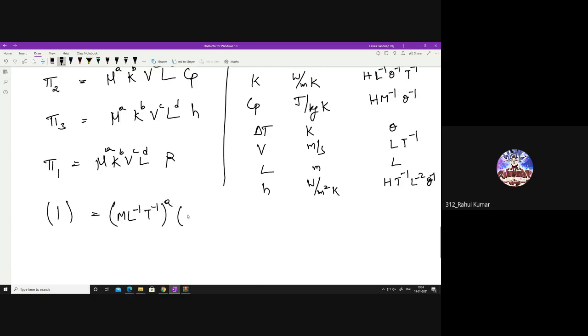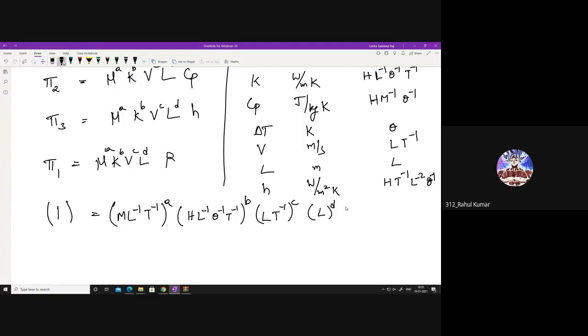It is H L power minus 1, theta to the power minus 1, and T to the power minus 1, whole to the power of B. And then coming to V, V is L T power minus 1, whole to the power of C. Mu K B over L, L is simply L to the power of T into the rho.